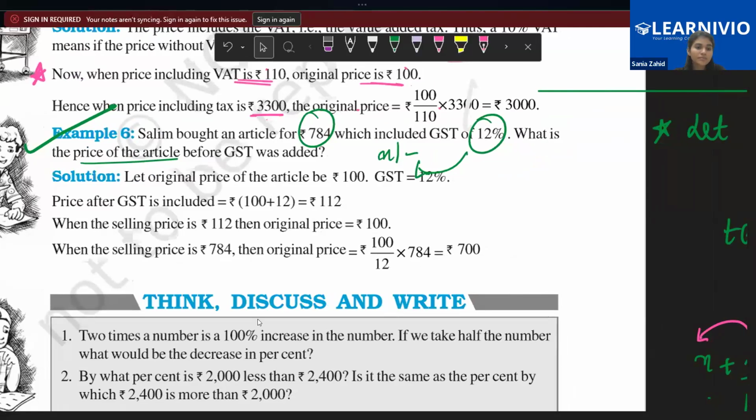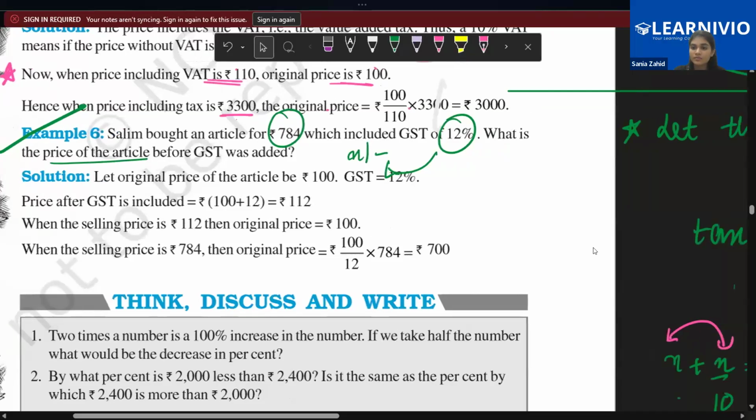Just give me a second. Yes. Tell me, Duha, which method were you telling me about? Ma'am, it's the box method.